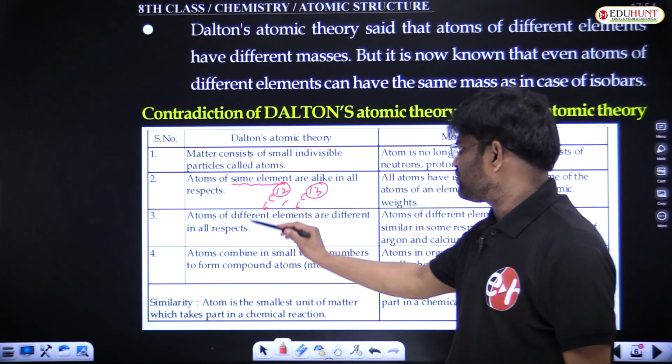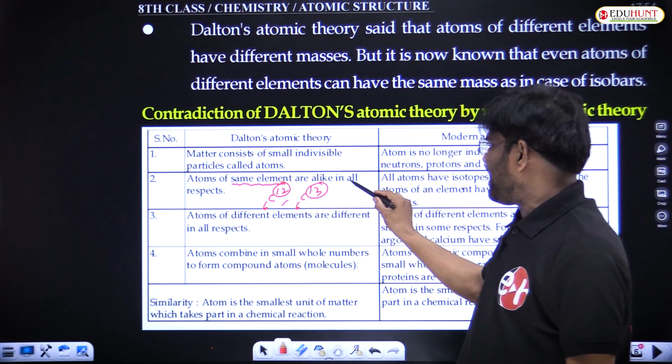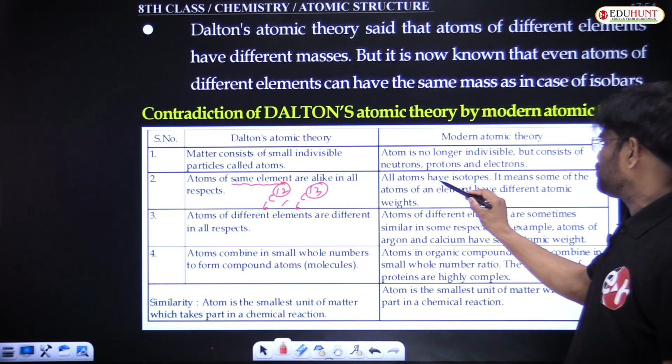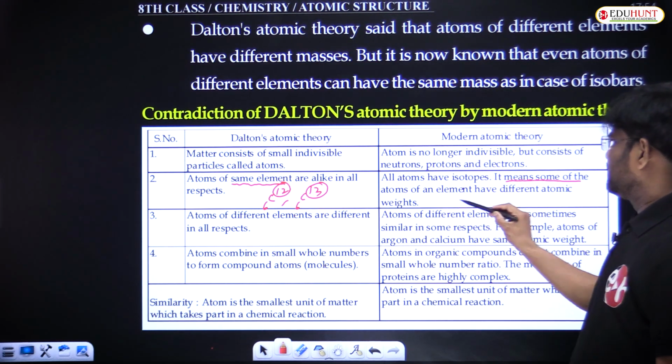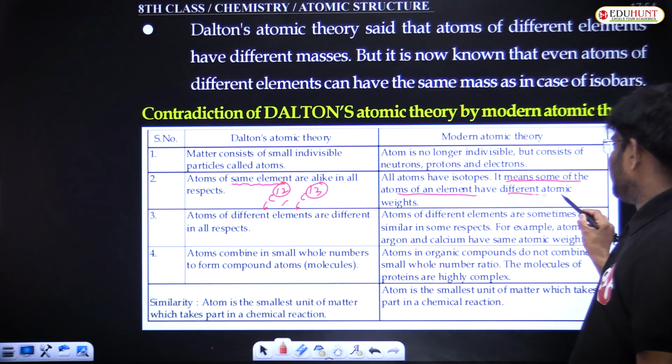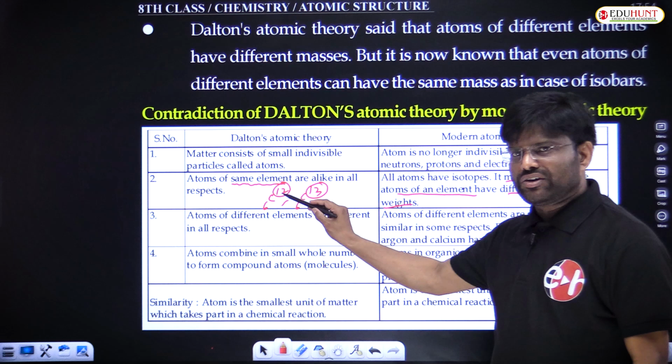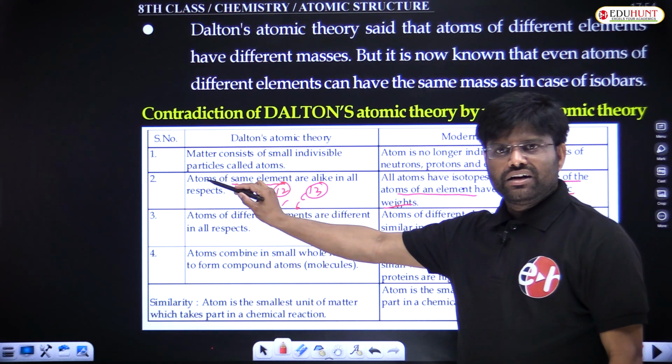Mass is different. So that is why atoms of the same element are not alike in all aspects. All atoms have isotopes. It means atoms of the element have different atomic weights. This is the drawback of Dalton's theory.